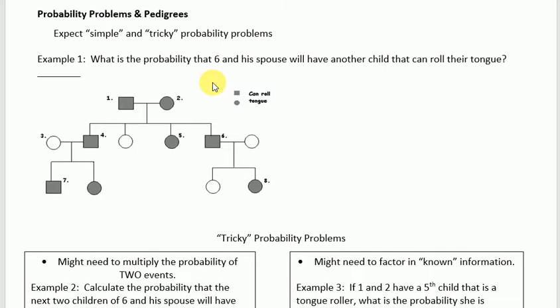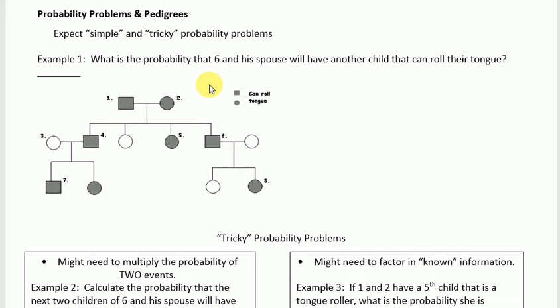So first thing, is it autosomal or sex-linked? So we're going to look, male and female are equal, so it's autosomal. And then next question, dominant or recessive? And it looks like it does not skip a generation, so it is autosomal dominant.